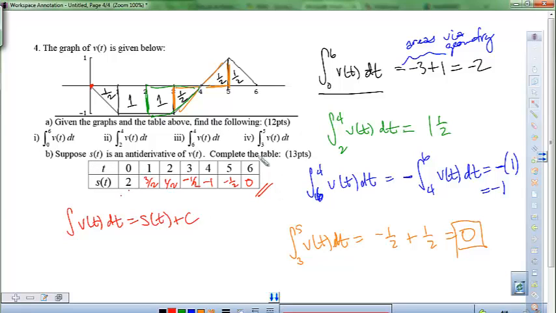Once you know how to calculate the areas, we can use the graphic representation to fill out a numeric representation for our antiderivative. Okay, so that's problem number 4.